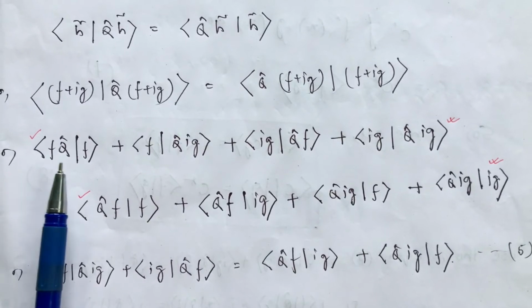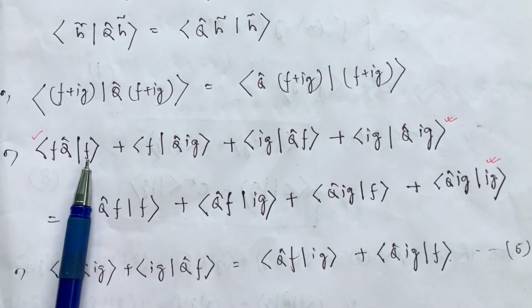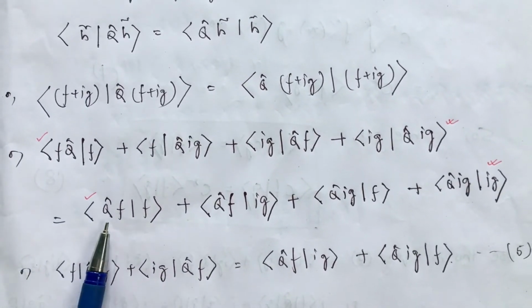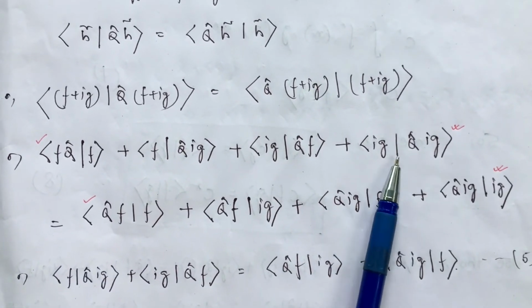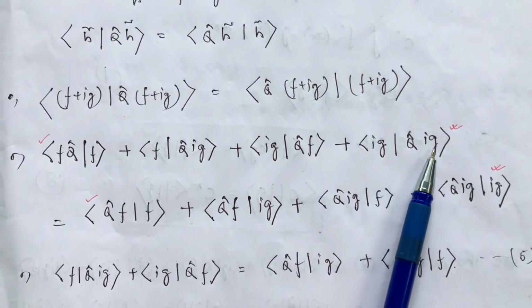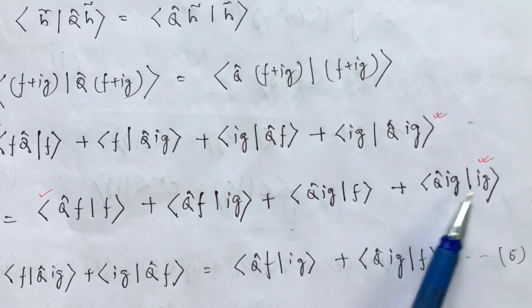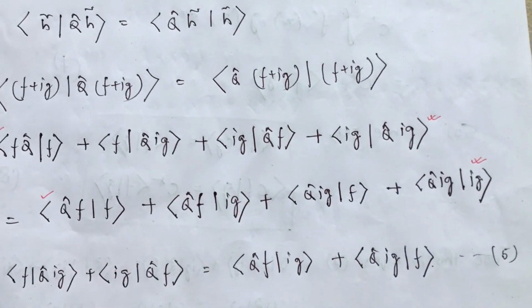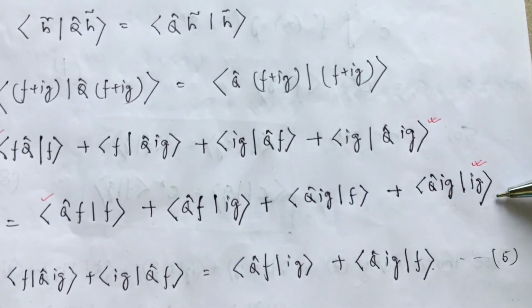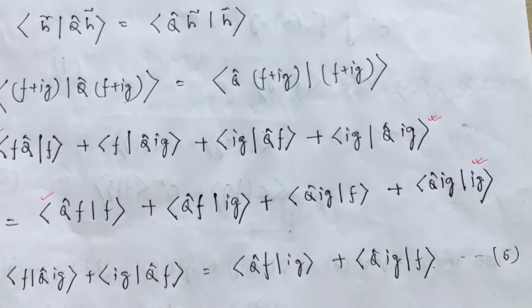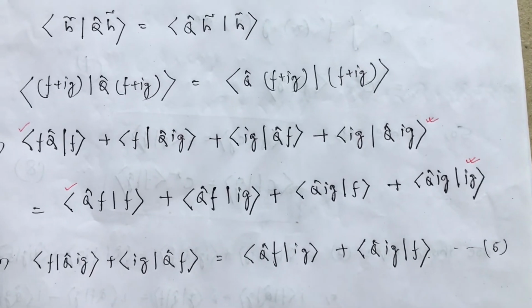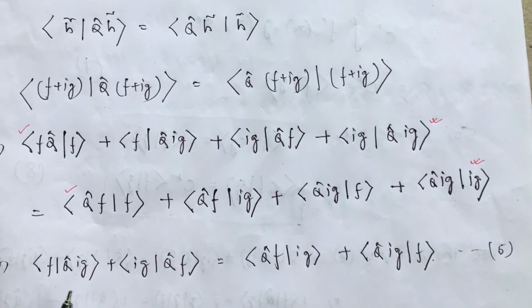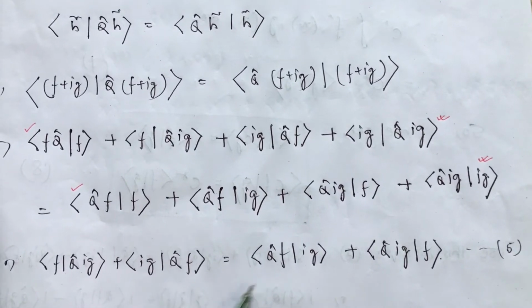On the left hand side fQf is cancelled with Qff, and igQig is cancelled with the fourth term on the right hand side, which is Qig ig. I got equation 5, which contains two terms on the left hand side and two terms on the right hand side.